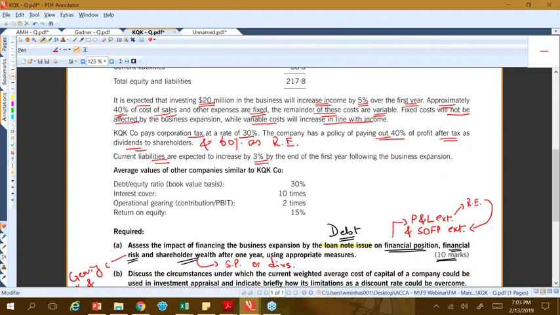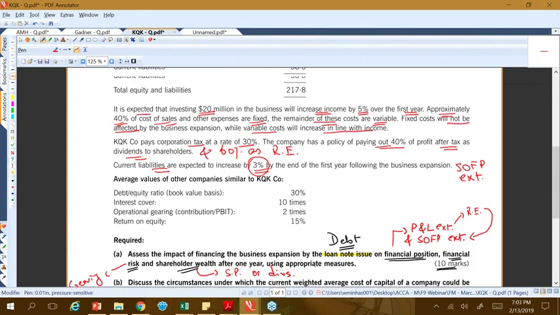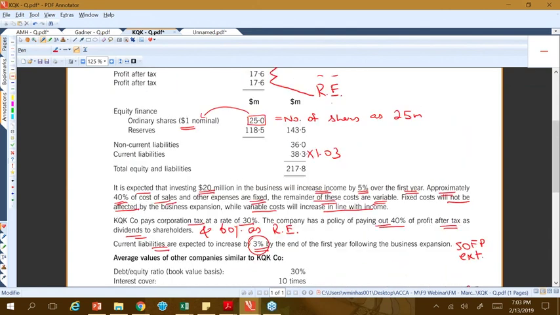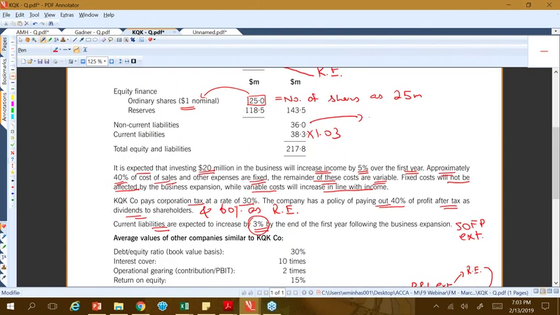Remember, we do have to make a little SOFP extract, and for that we'll just increase the current liabilities by 3%. Remember, they are planning to raise 20 million of debt, which means the non-current liabilities will also increase by $25 million.